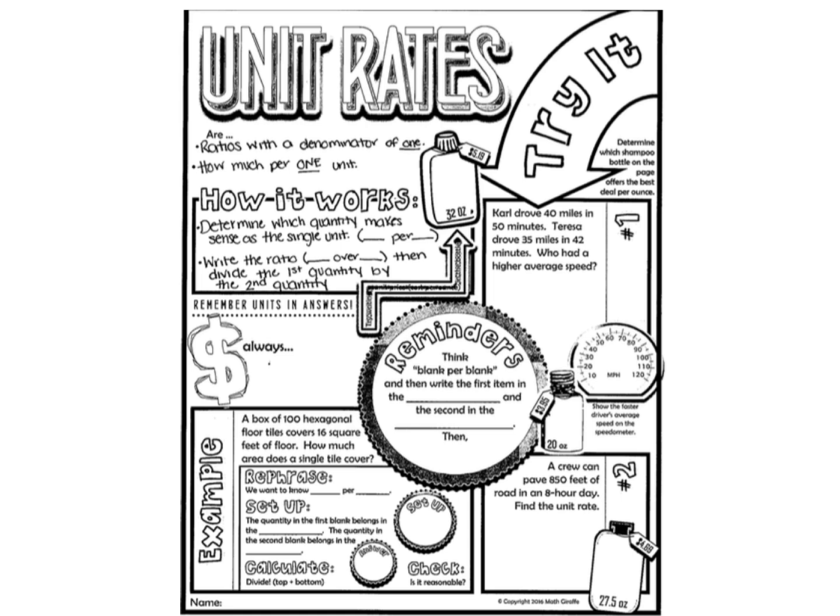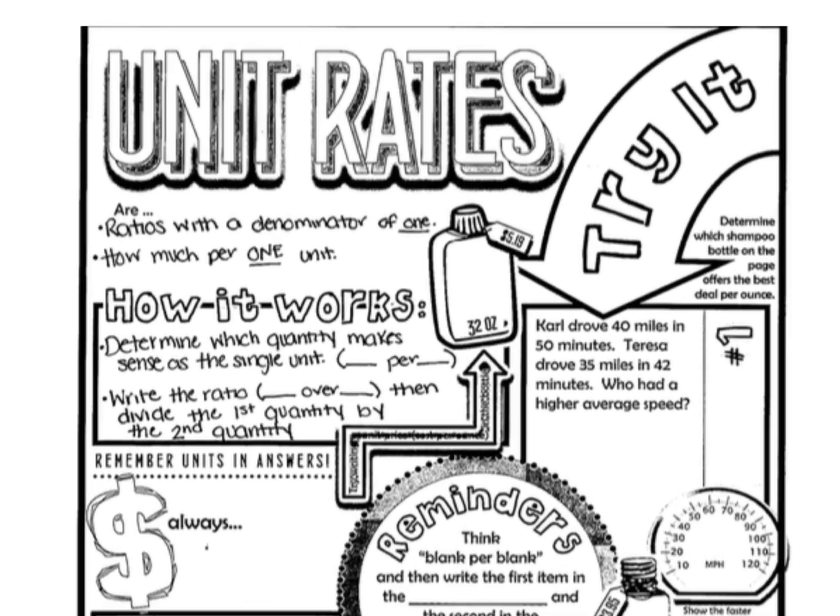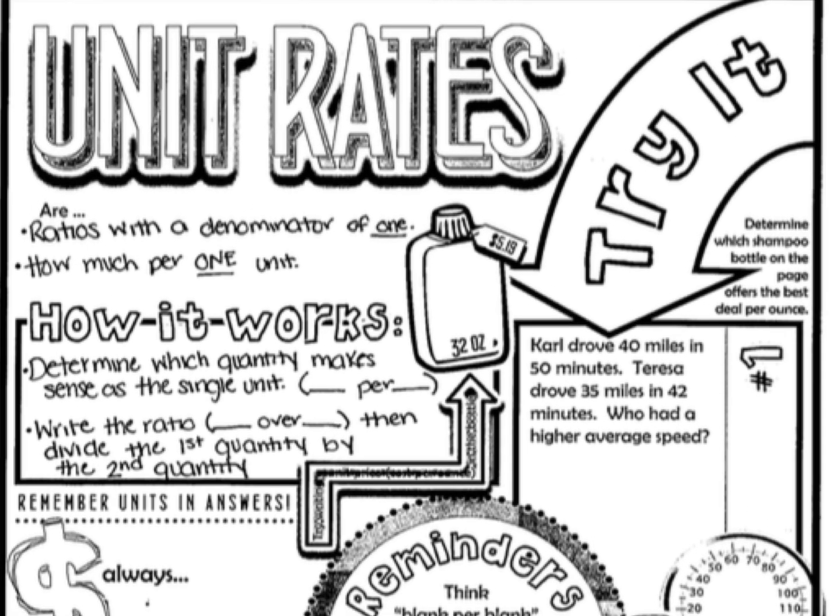So starting in the top left, I've just got some reminders that unit rates are really just ratios with a denominator of 1. Tells us how much per 1 unit. How it works, we determine which quantity makes sense as a single unit. So again, this is the part that I said is probably going to be the hardest. Trying to figure out which label should I put first, which label should I put second. Once you do that, you're going to write it as a ratio and divide the first quantity by the second quantity.